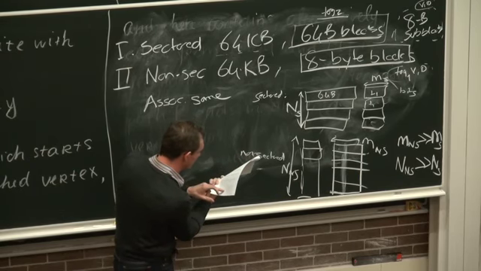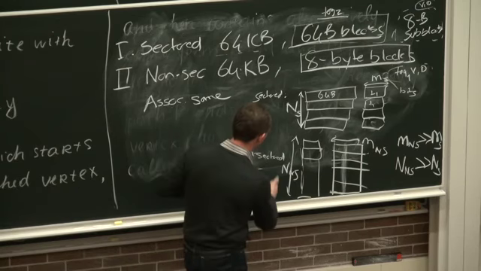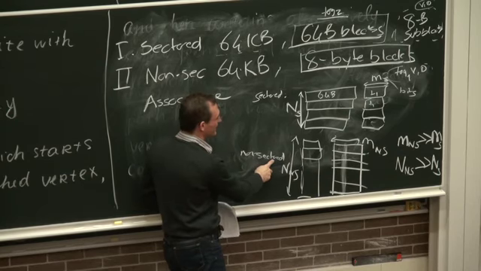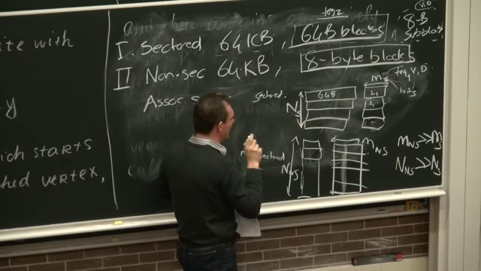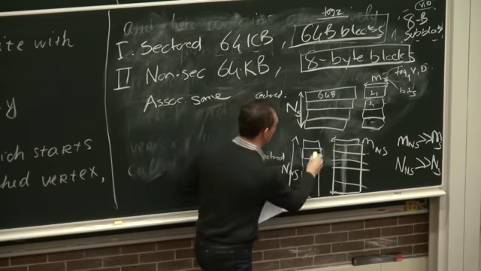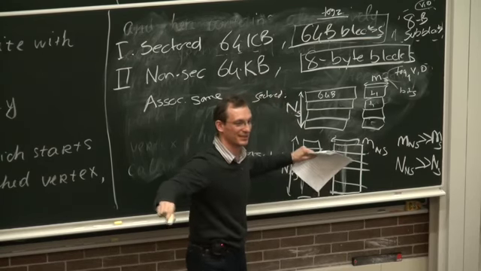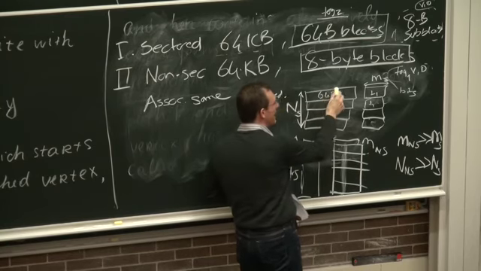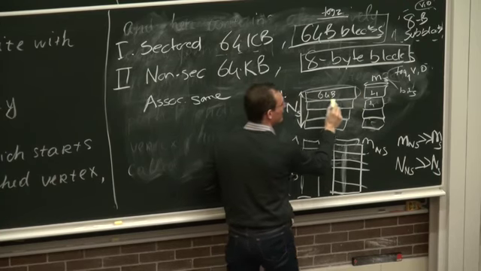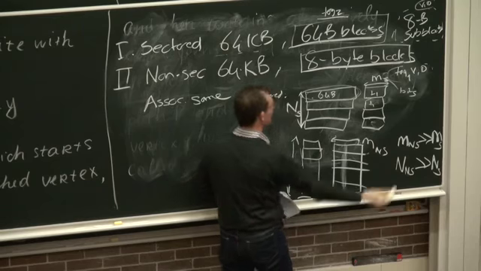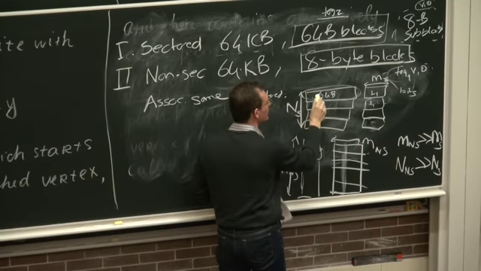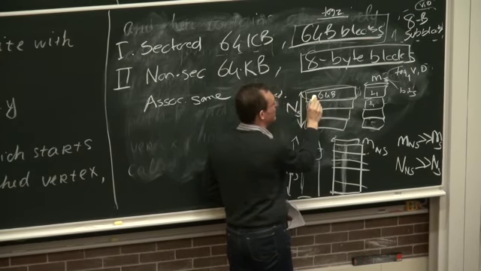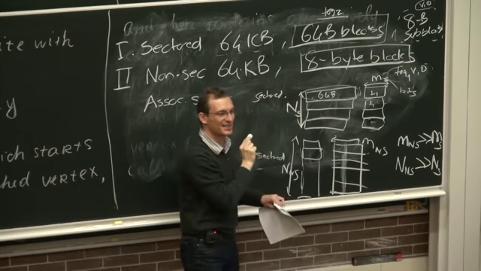What is one definitive advantage of the non-sectored cache over the sectored one? What is one definitive advantage here? Well, yes. You have a lot better granularity. Now you can have independent things, independent 8-byte blocks, if you will, in the cache. Whereas here, if you do not have good spatial locality, you still bring in the 64-byte block, maybe. You still waste space, if you will. If you touch only one 8-byte block, you waste space for 64 bytes.